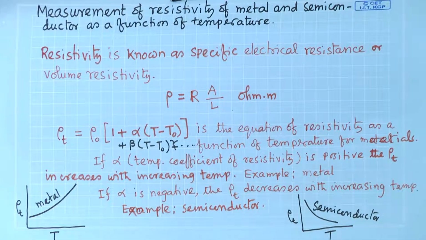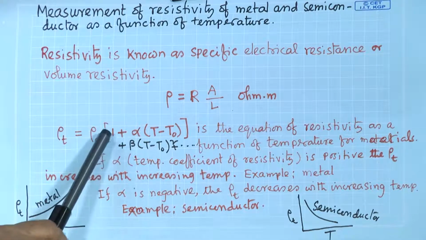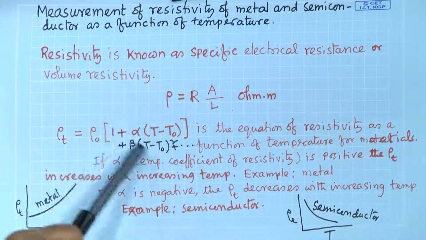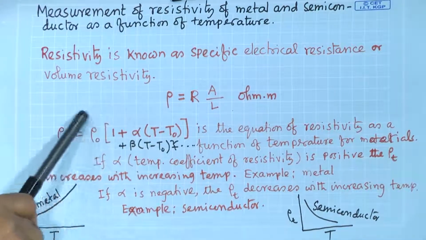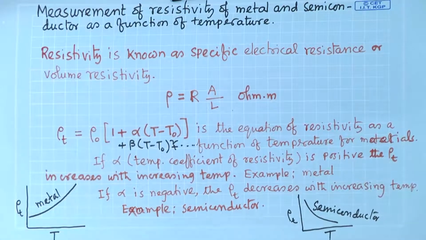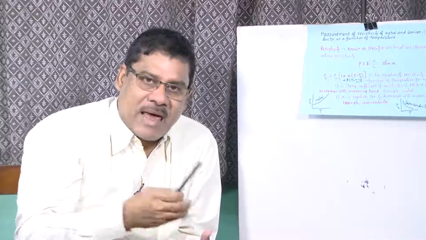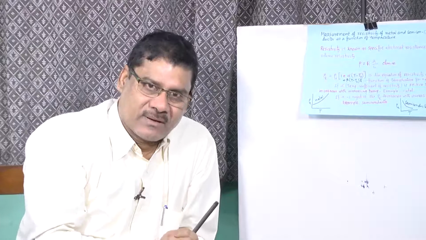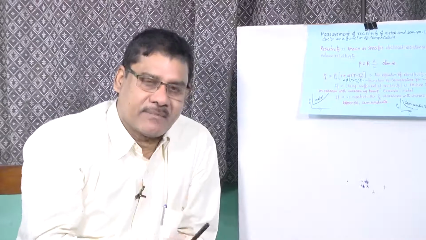Now here alpha is the temperature coefficient of resistivity. If it is positive, then this term will be added to the rho 0 term. That means this term will be positive, and resistivity will increase with temperature. It may happen that alpha is negative, that the temperature coefficient is negative.